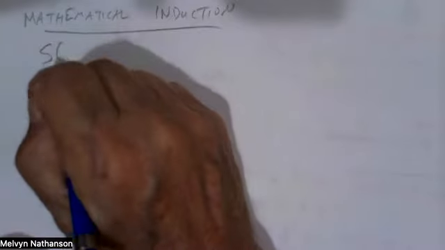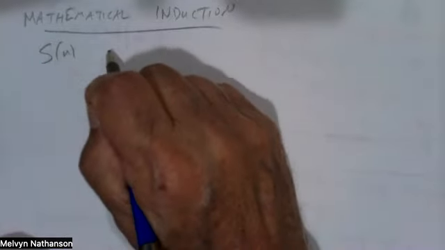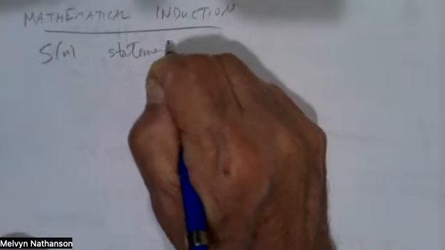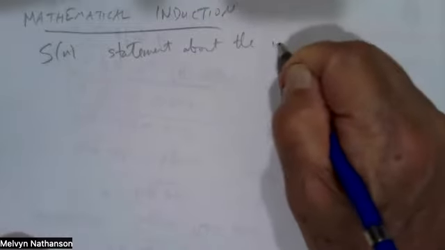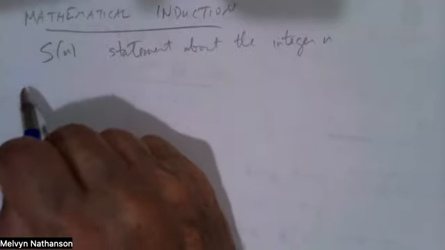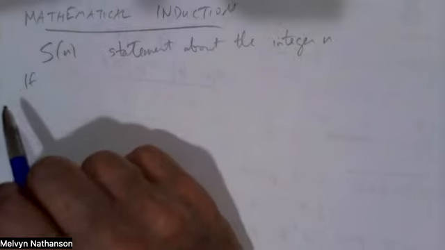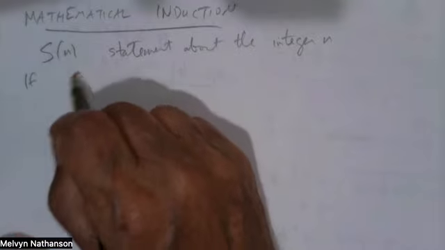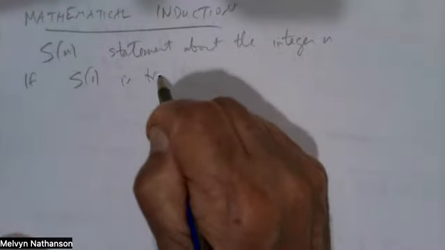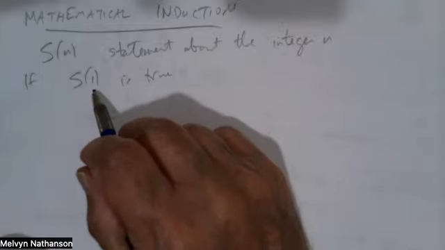So suppose S of n is some statement or proposition, some assertion about the integer n. So if the following two situations hold: if S of 1 is true, that is, if you let n equal 1, the statement is true for n equal 1.